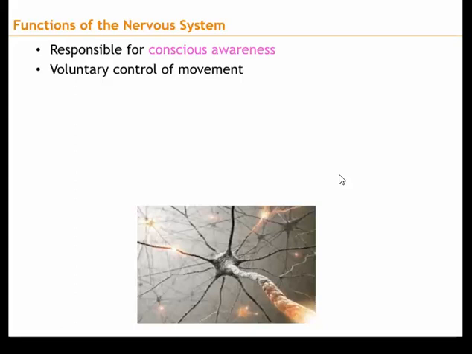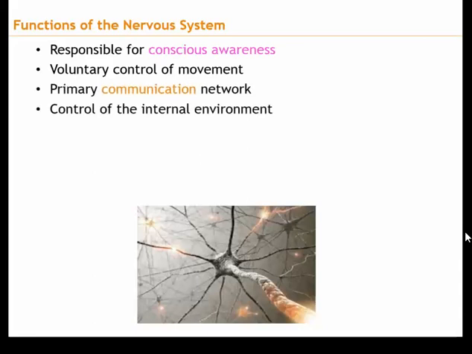Also reflexes, a little bit of subconscious movement involvement in there too. But basically just anything to do with when we are conscious. Voluntary control of movement. So voluntary control of movement is muscle contraction. So muscular contraction due to voluntary activation of motor units.